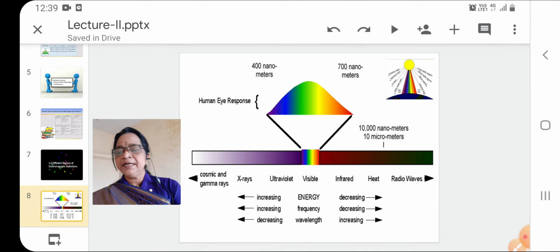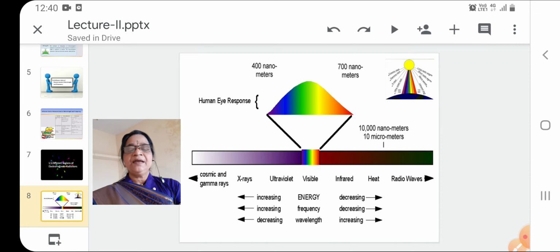What it indicates is that the cosmic rays have the shortest wavelength and highest energy, while the radio waves have the largest wavelength and lowest energy.